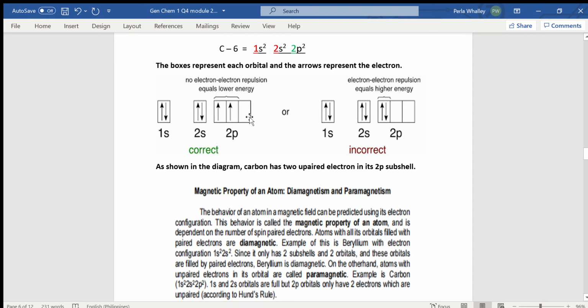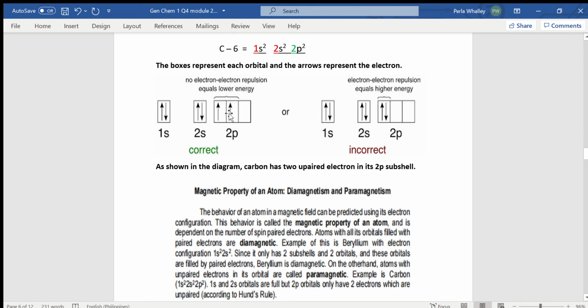Based on Hund's rule, when an electron enters a subshell with more than one orbital, it should enter in the same direction before pairing up. So they have to fill this up in the same direction first, and then if there are extra electrons, that is the time they pair up.